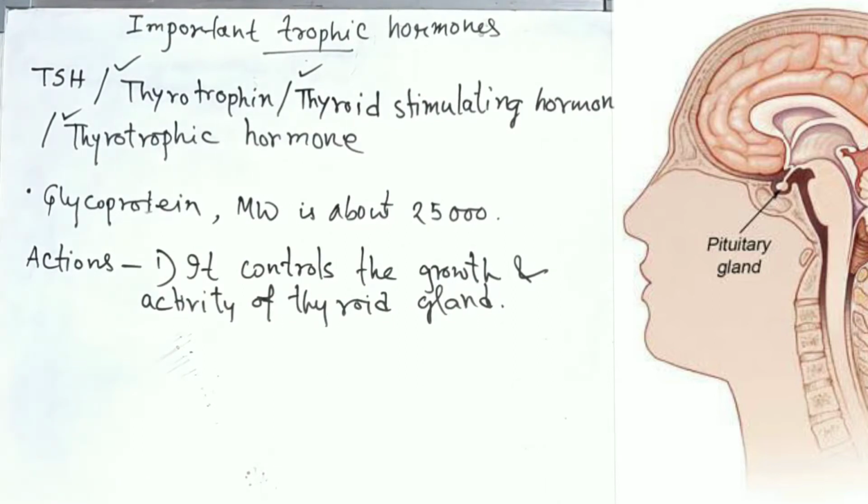Now the primary physiologic action of TSH is probably to stimulate the release of thyroid hormone from the intrafollicular thyroglobulin.